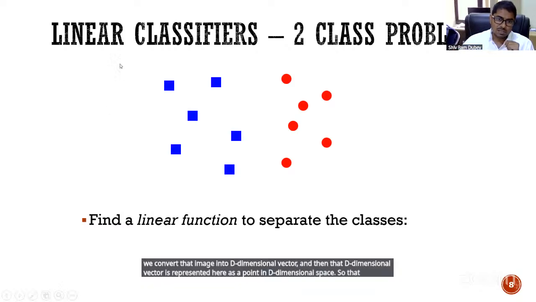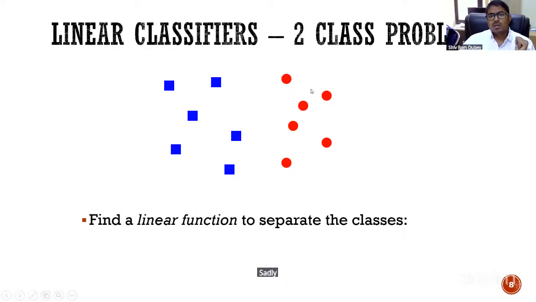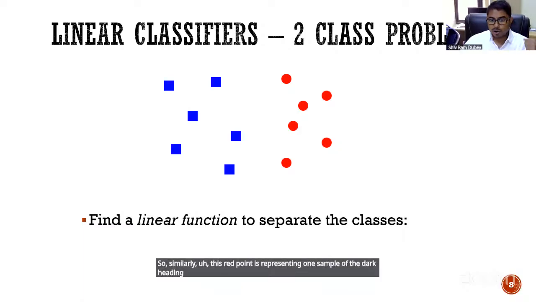So that's why we see one point here, but actually this is one sample. Similarly, this red point represents one sample of the dog category, meaning one image of a dog.